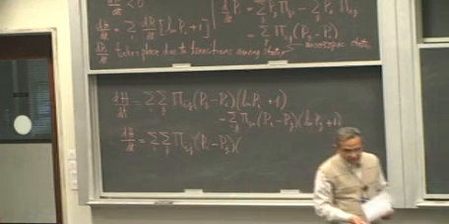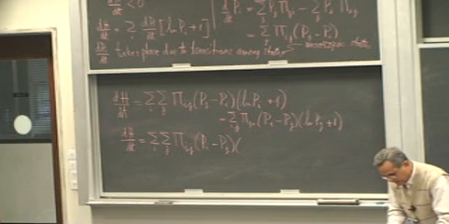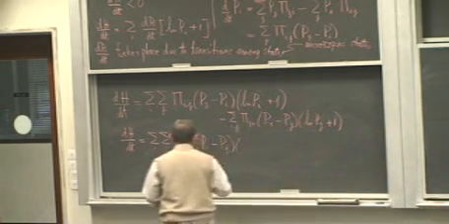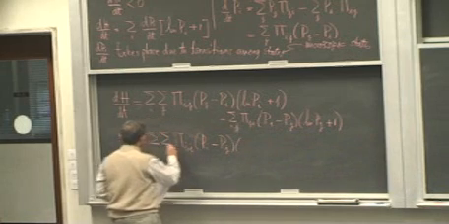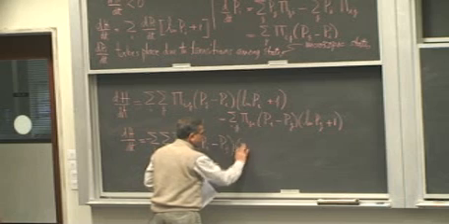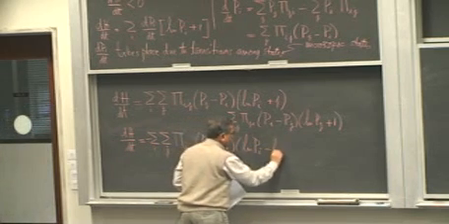What do I have over here? Log pi minus log pj. If I do log pi minus log pj, then I will have to put a negative sign over here. So log pj, I will put a negative sign and make it log pi minus log pj.